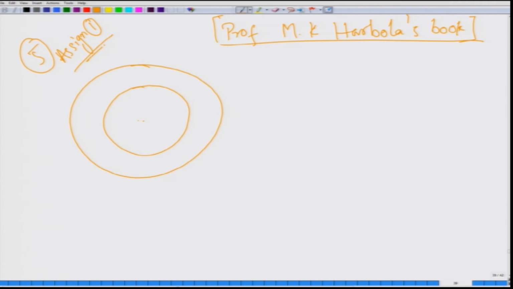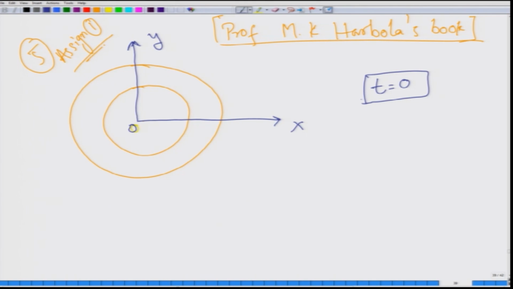So center is at O. Now I have the y axis like this and the x axis is like this. At time t equal to 0, a particle, say B, is here and a particle, say A, is here. So they start from the y axis.